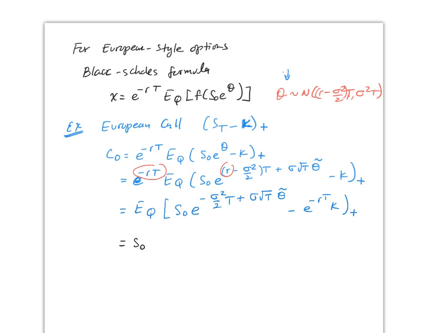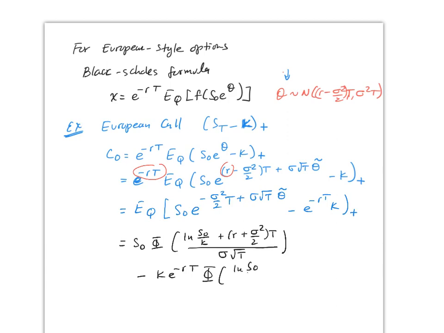It's going to be equal to S0 phi of (ln of S0 over K plus (r plus sigma squared over 2) t), everything divided by sigma square root of t, minus K e to the minus r t phi of (ln of S0 over K plus (r minus sigma squared over 2) times t), divided by sigma square root of t.